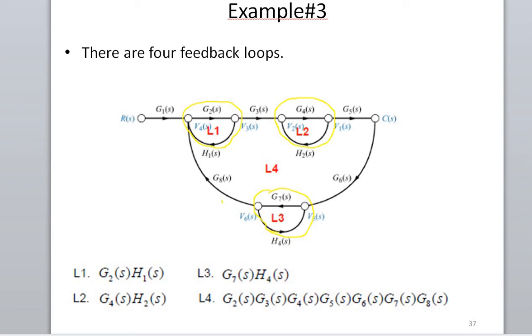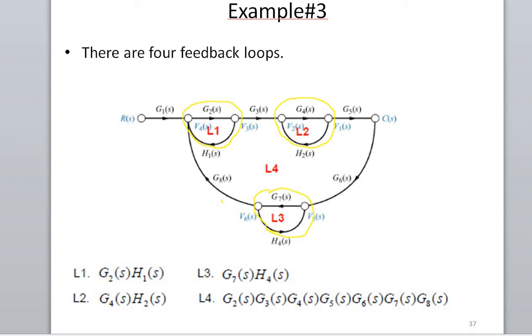What does it mean? That means in delta, if some terms or some parts of delta are not related to the first forward path, that will be delta 1. We will explain this with the help of this problem.